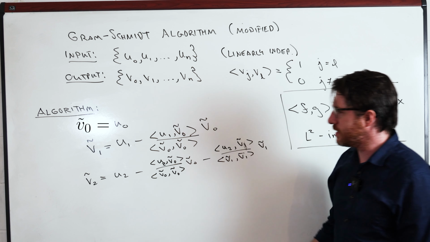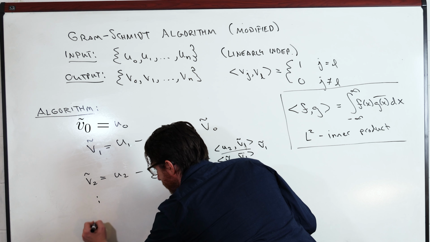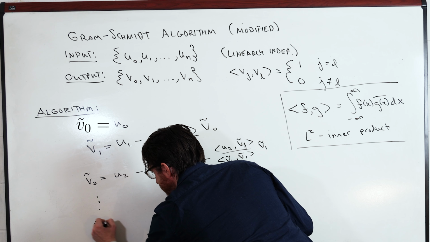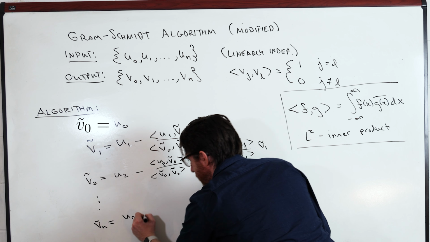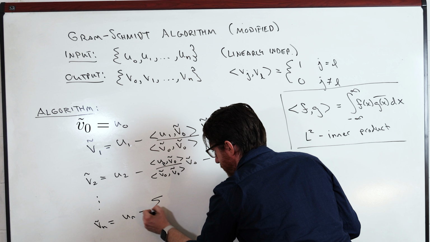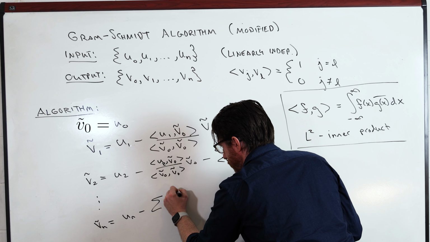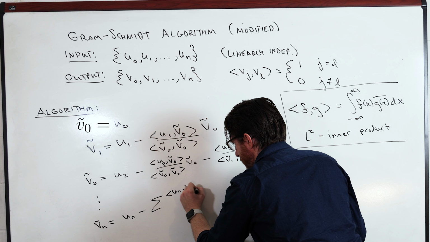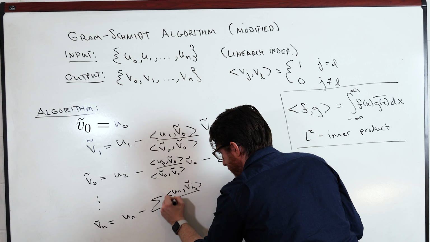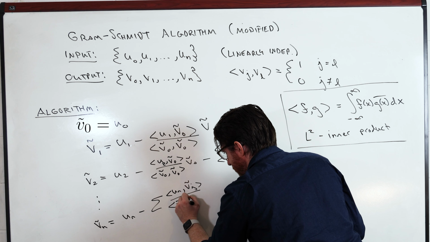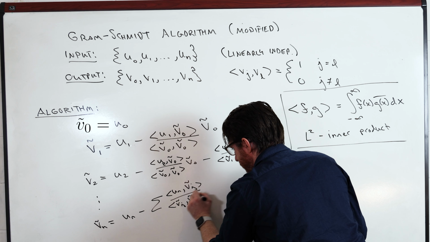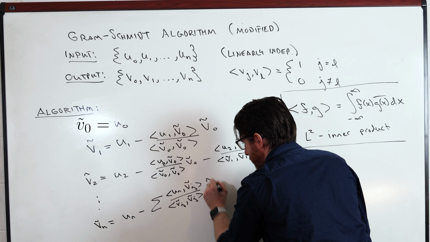In general, if you want to take this up to vn tilde, it's going to be un minus the sum over j of the inner product of un with vj tilde, divided by the inner product of vj tilde with itself, times vj tilde.